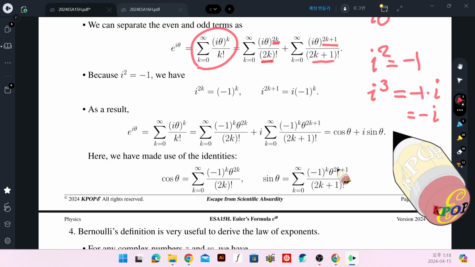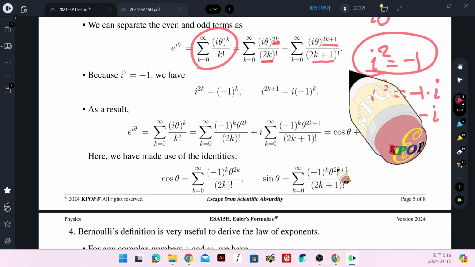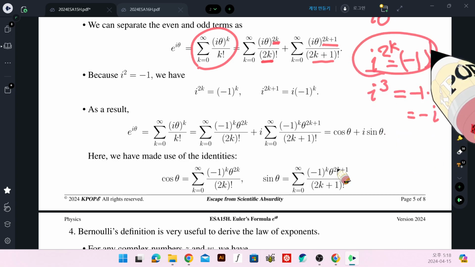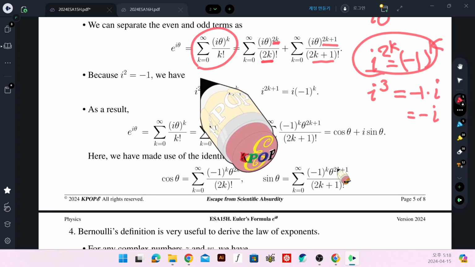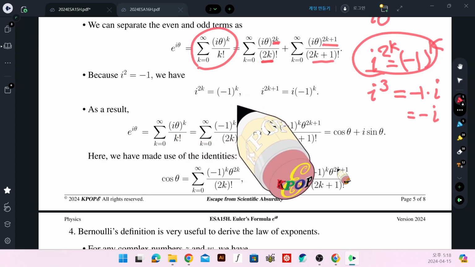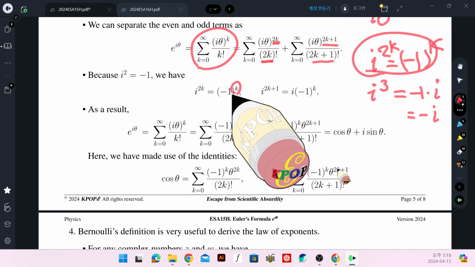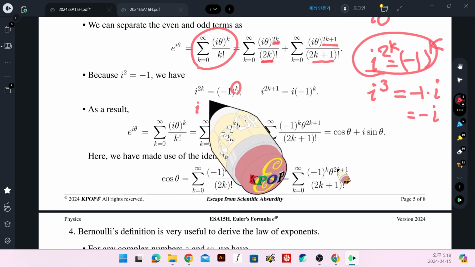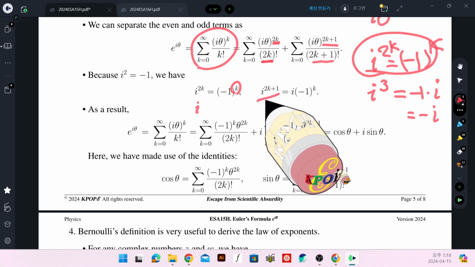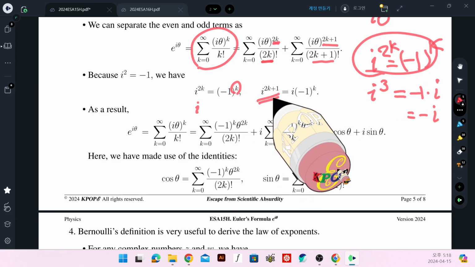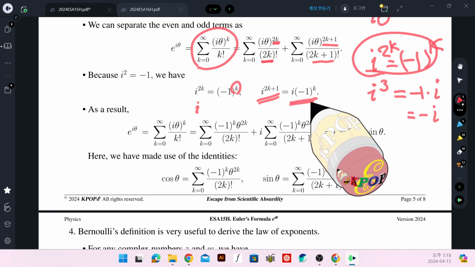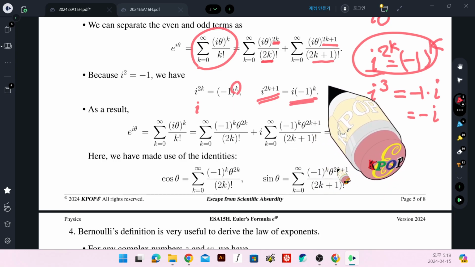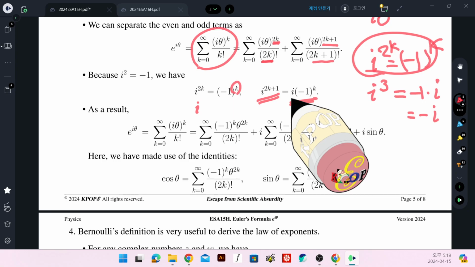As a result, if I take the kth power of this, we have i to the 2k is minus 1 to the kth power. And if I multiply i to both sides, we have odd powers of i, and the right-hand side is minus 1 to the k multiplied by i.